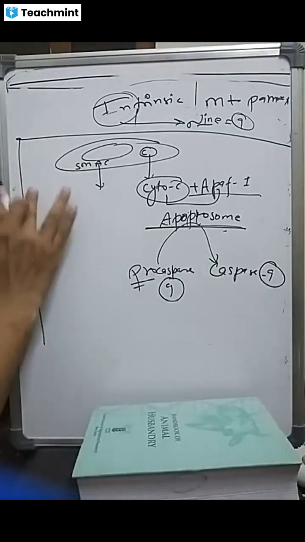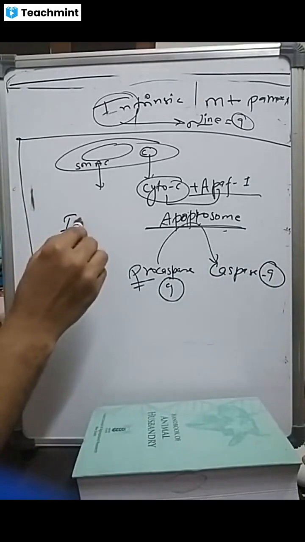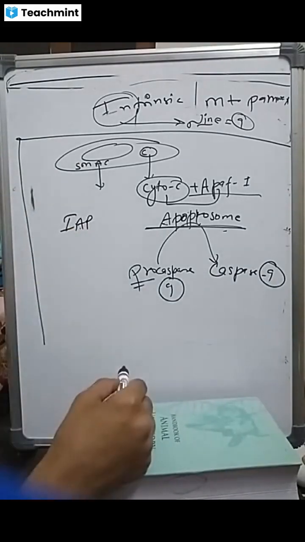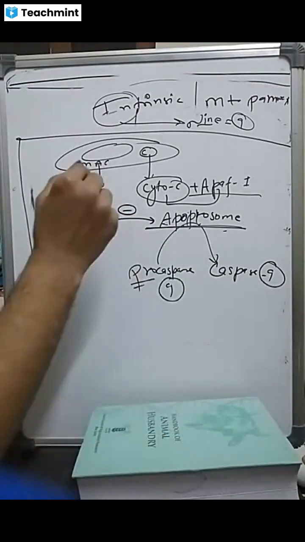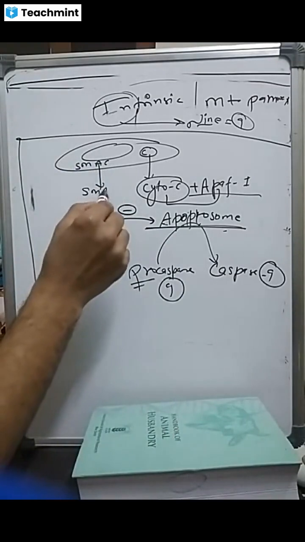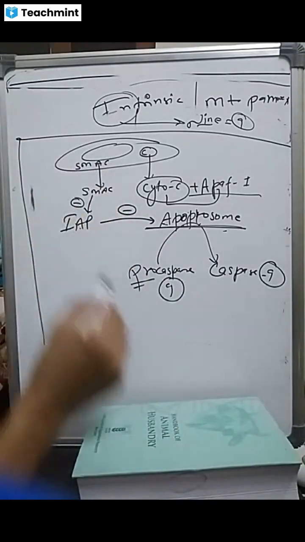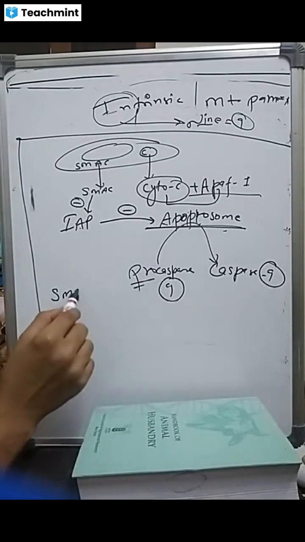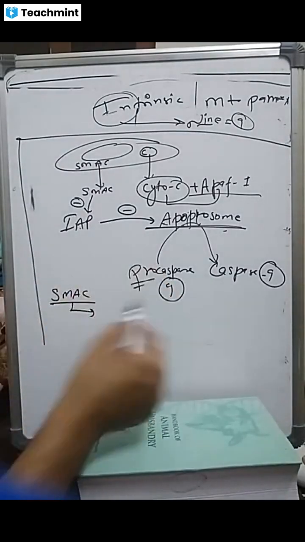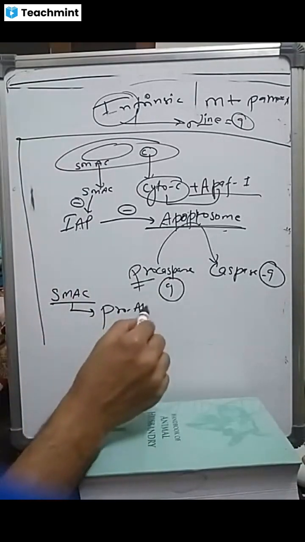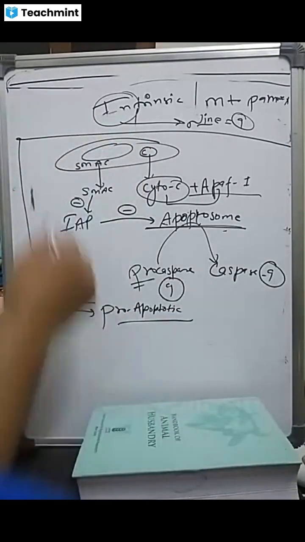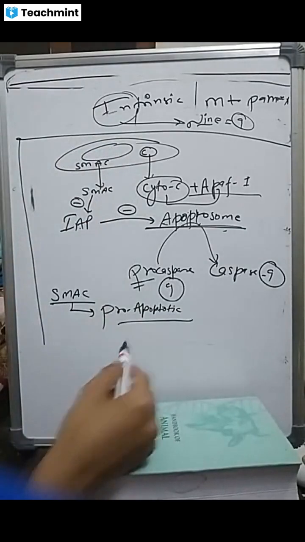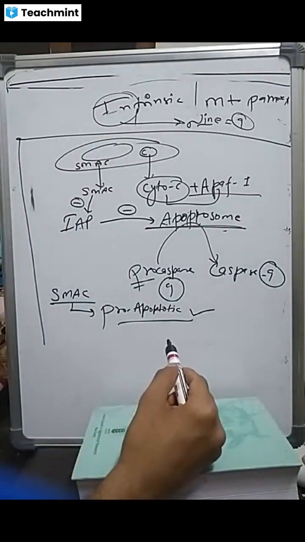In the cytoplasm, there are some proteins, IAP, inhibitors of apoptosis. They will inhibit this formation. Once SMAC comes out, it will inhibit them. It means SMAC will favor apoptosis. It is pro-apoptotic. It was present in the mitochondria, and now it is in the cytosol.